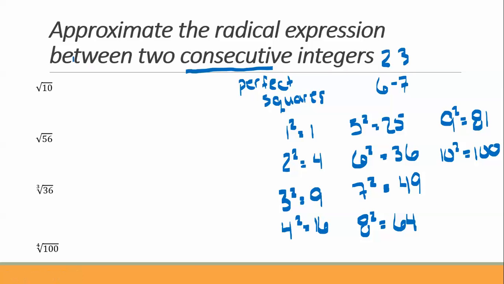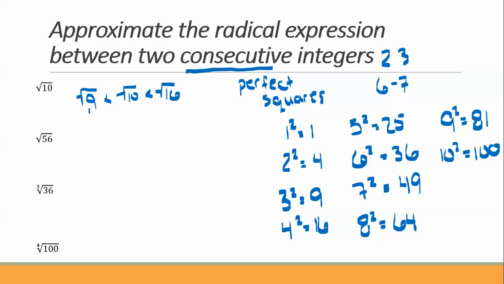So now when we want to approximate the square root of 10, 10 is between 9 and 16. So the square root of 9 is less than the square root of 10, and that's less than the square root of 16.